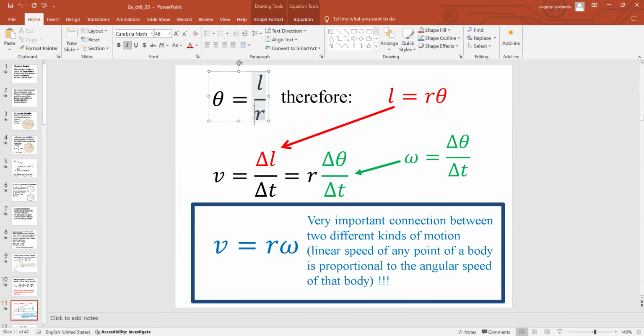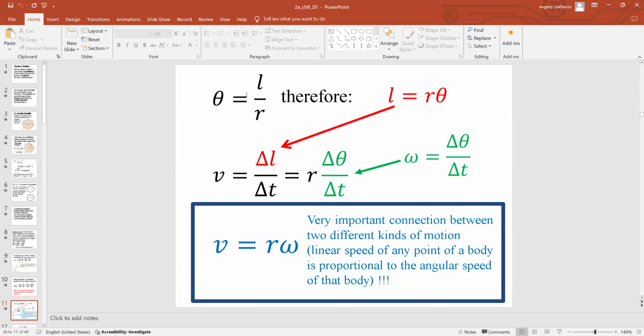Okay, this was the definition for radian. Once again, the arc length that the point goes through with respect to the radius. And you can multiply both sides by r, and that's what you're going to get. Your arc length is radius times the angle in radians.